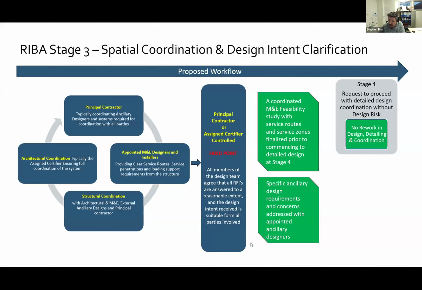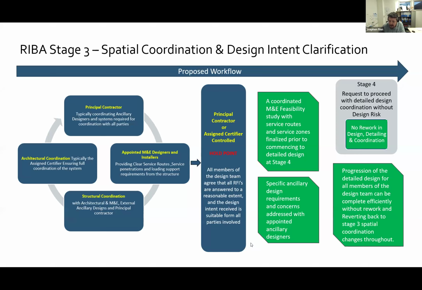Doing this, then we're all proceeding with very little risk, if not no risk. No rework will be required in the design, speeding up the design process, and detailed coordination for manufacture should be complete, and there should be no issues on site. Then we wouldn't want to be issuing any manufactured material to site, knowing that there could potentially be changes.